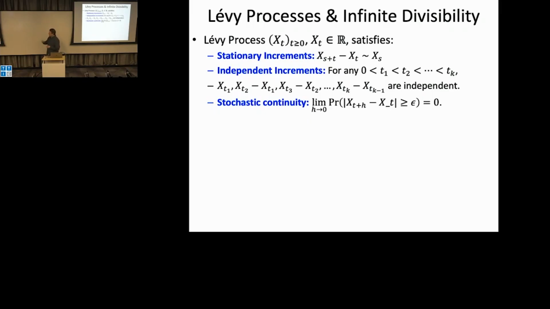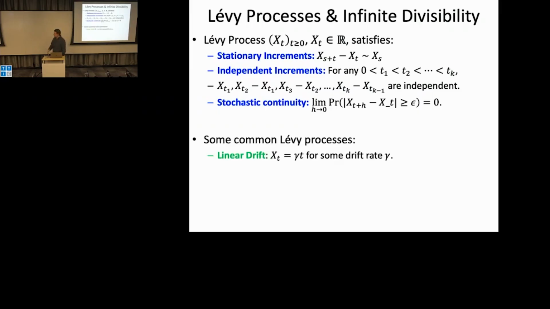Independent increments says that if you chop time up into units, whatever happens inside each unit is independent. And stochastic continuity says that the process X itself might be discontinuous. It can go along and then randomly jump. But if you look at the probability as you shrink the period of time close to 0, the probability that you see any positive jump also goes to 0. So in a stochastic sense, it's continuous.